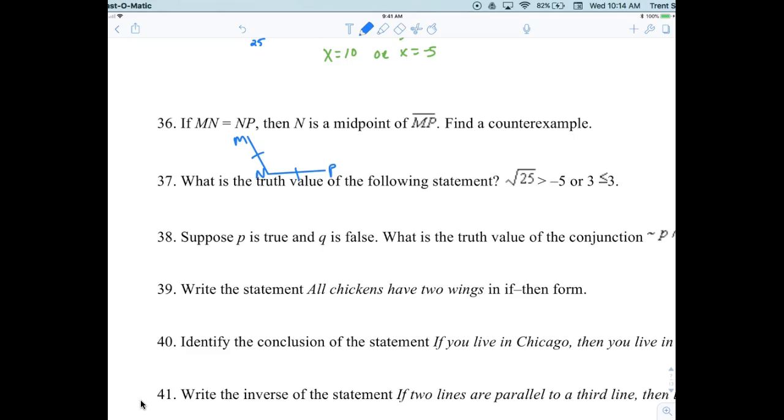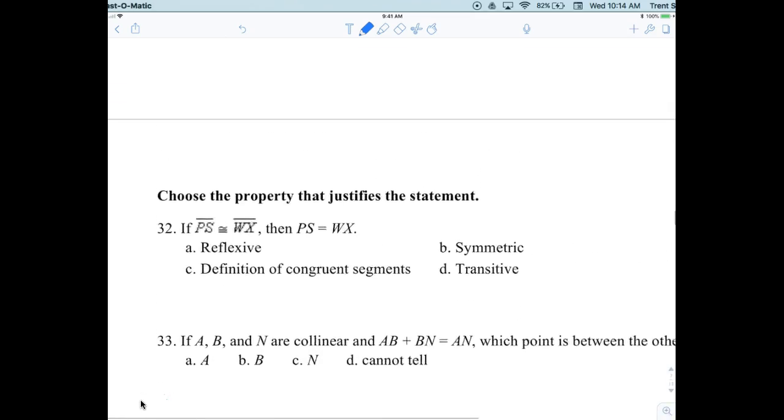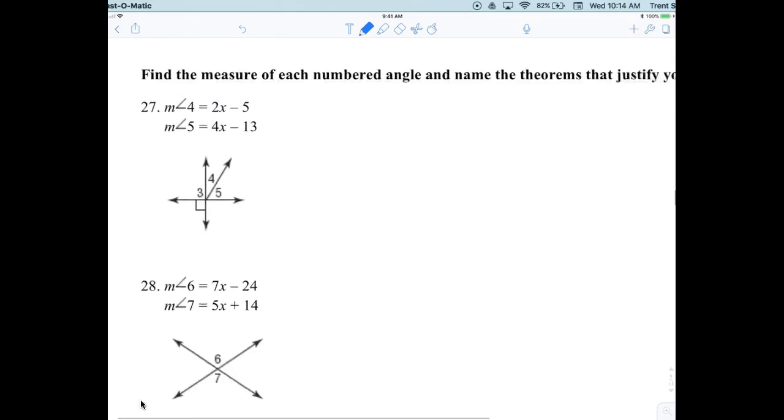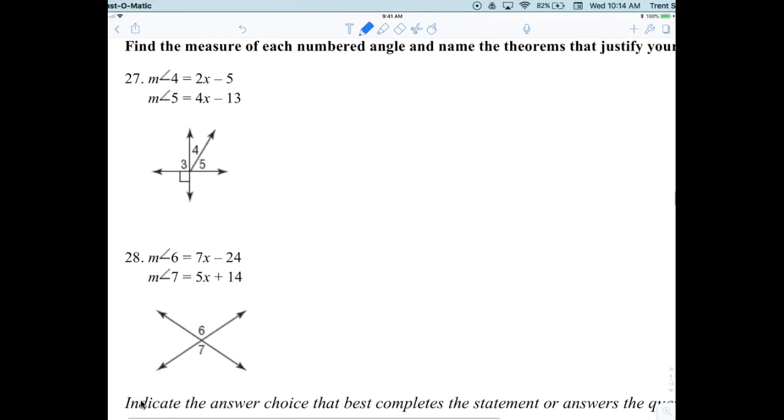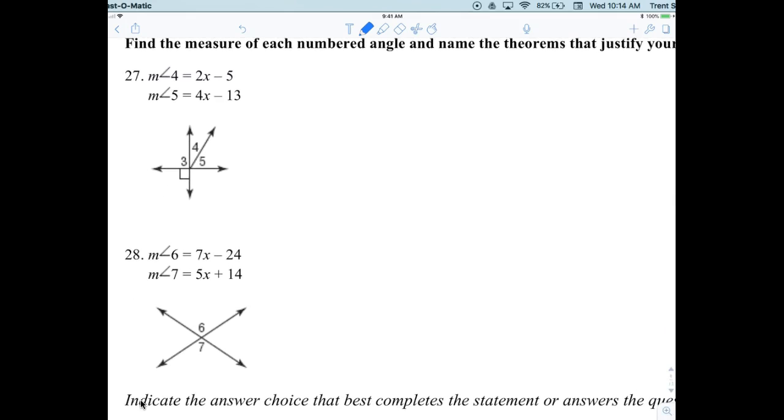Walker, what do you need? You go back to 27. Let's look at 27 real quick. What's the matter? I didn't understand. Well, 4 and 5 have to add up to 90 degrees, right? So when I did it, 6x minus 18 has to equal 90, right?